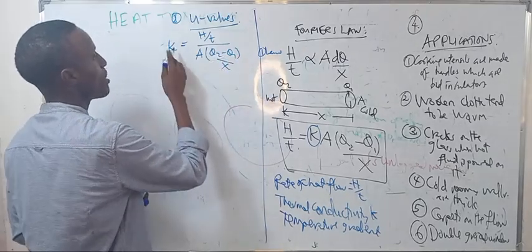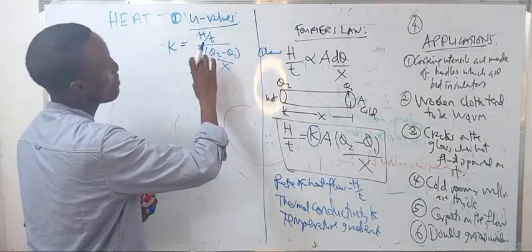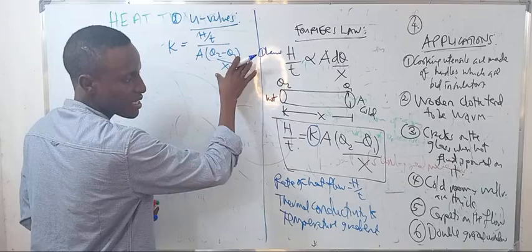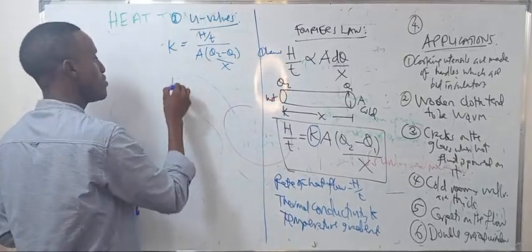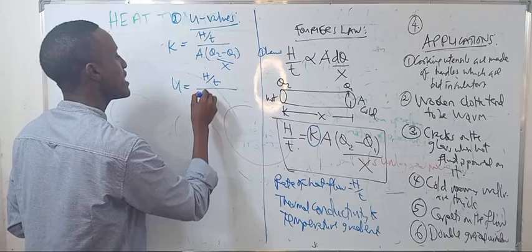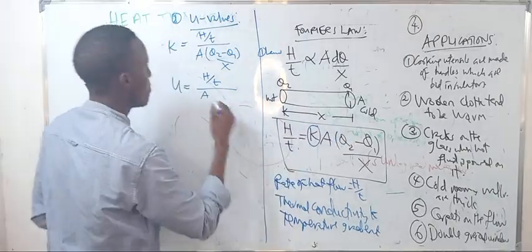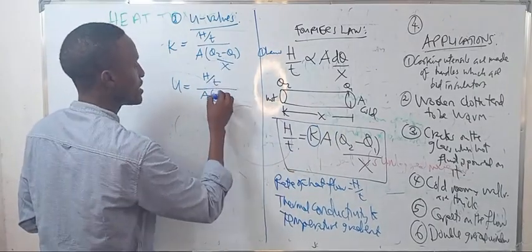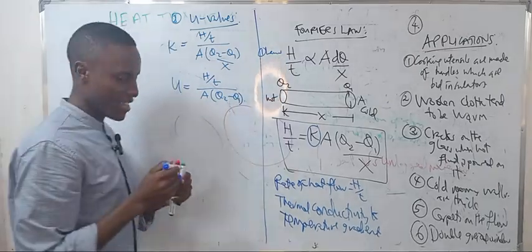So the thermal conductivity is the rate of flow of heat for a given area for a given temperature gradient. The U value is the rate of flow of heat for a given area of the conductor or the region, but for a given temperature difference, not the gradient.